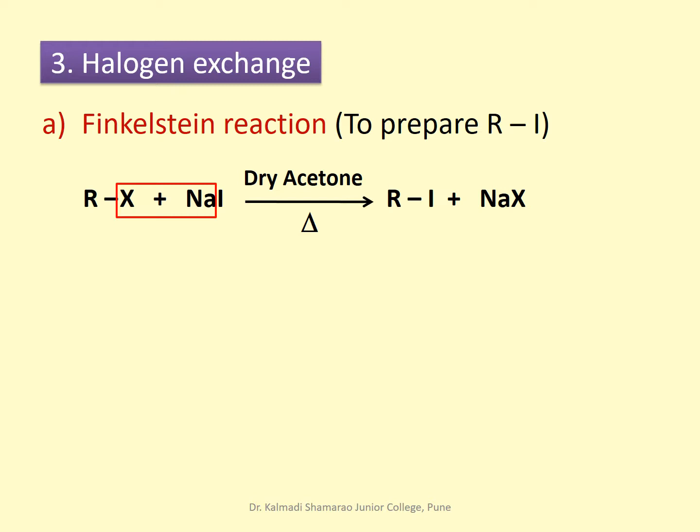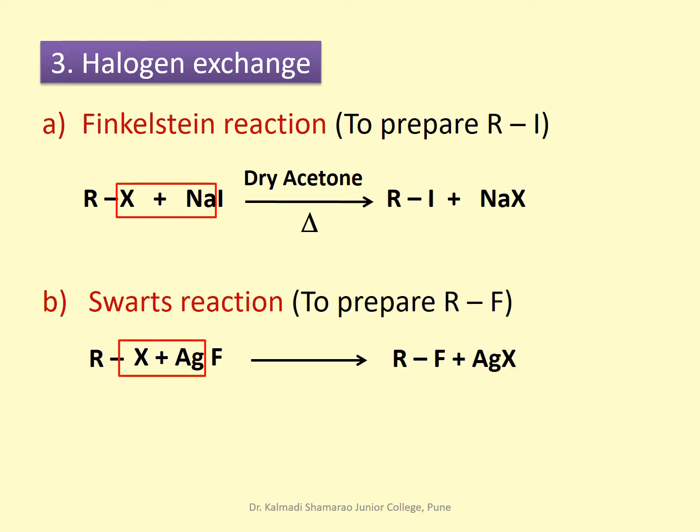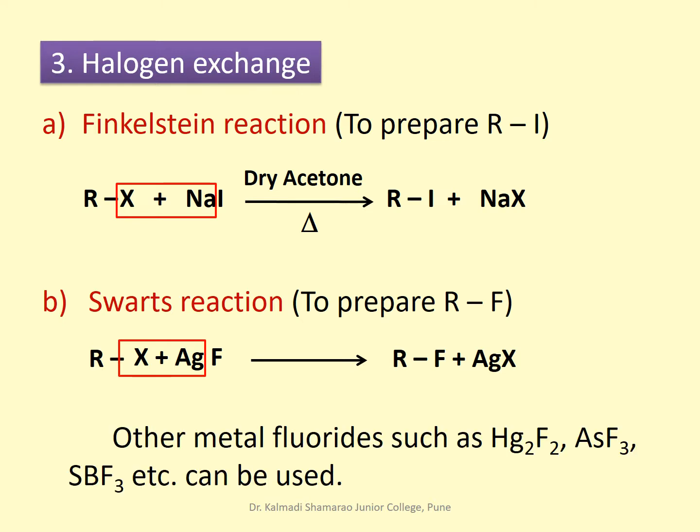The sodium bromide or sodium chloride precipitates from the solution and can be separated by filtration. The reaction is known as Finkelstein reaction. Alkyl fluorides are prepared by heating alkyl chlorides or bromides with silver fluoride. Other metal fluorides can also be used in the reaction. The reaction is known as Swarts reaction.